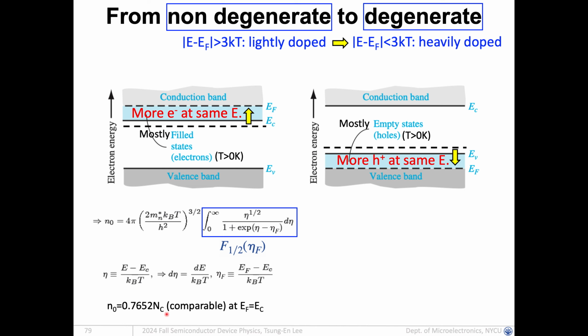If we roughly estimate the carrier concentration for a very highly doped degenerate semiconductor, the value is almost close to the density of states of the conduction band when EF is located at EC. The same concept applies to holes, and I won't go through the details.